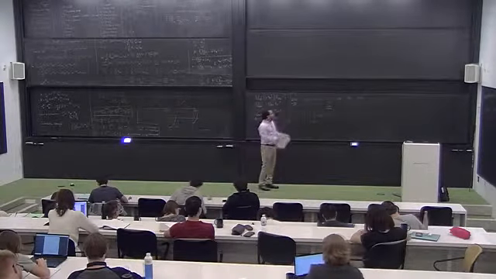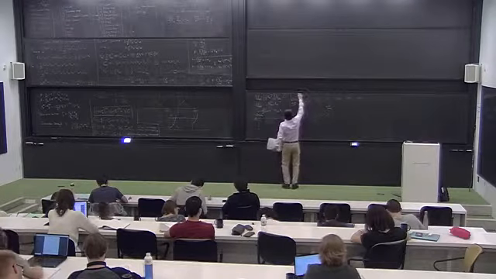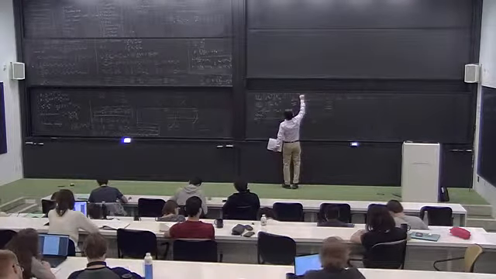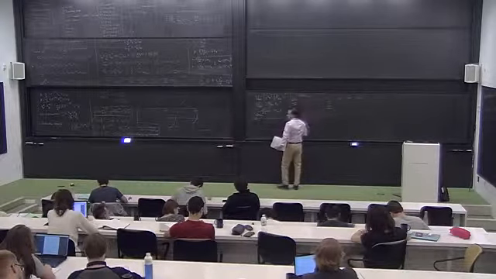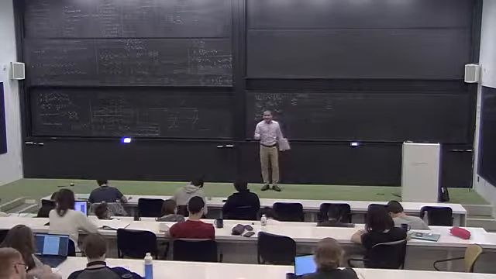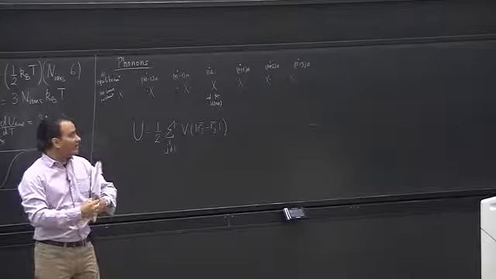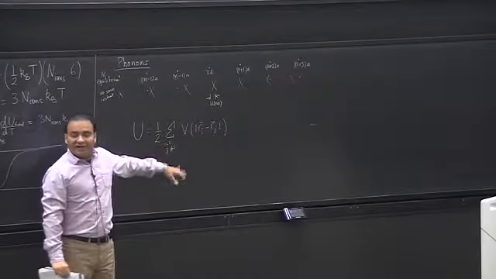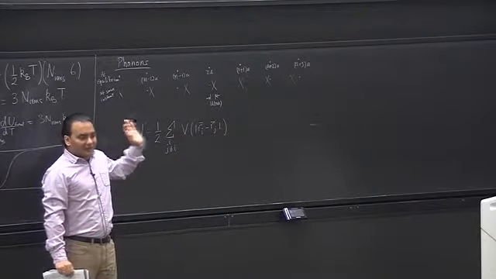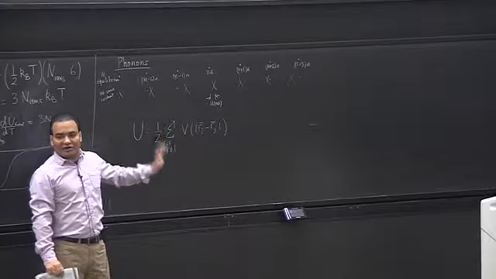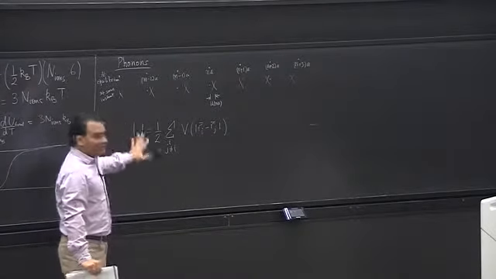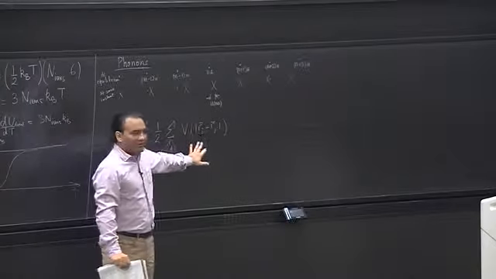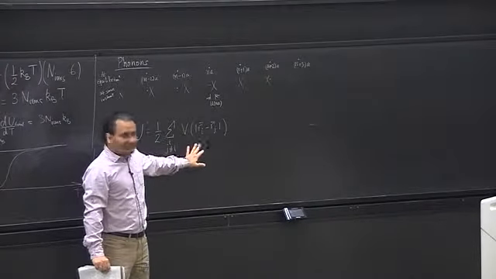So for this discussion of phonons, let's forget electrons altogether, only consider ions, and later on we'll add electrons and talk about electron-phonon interactions. So this is the interaction potential for ions.